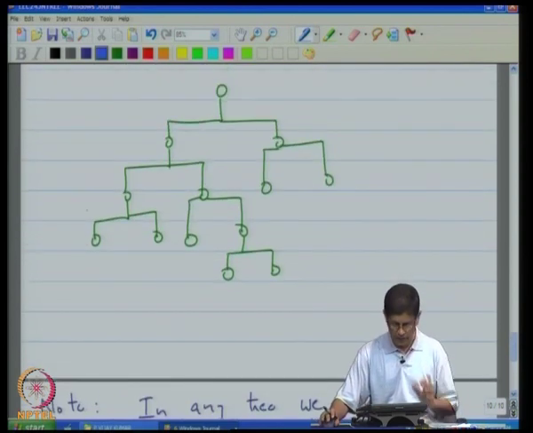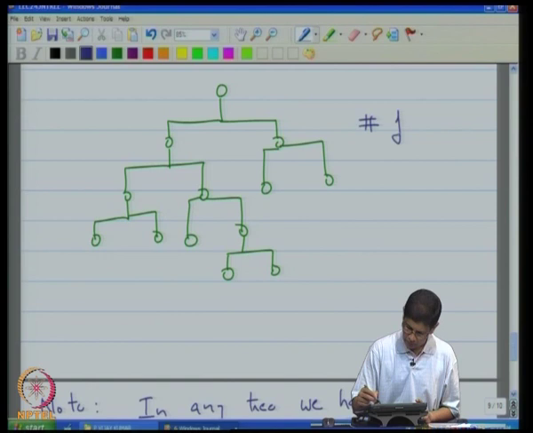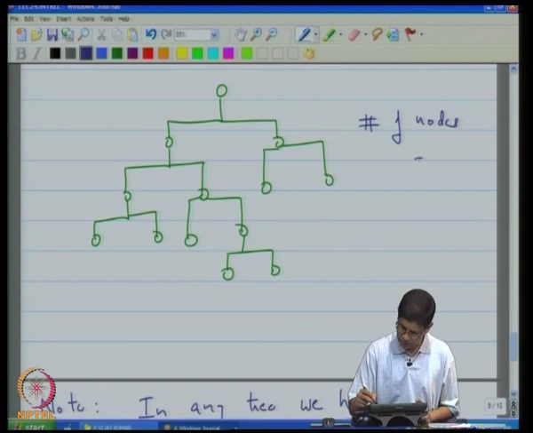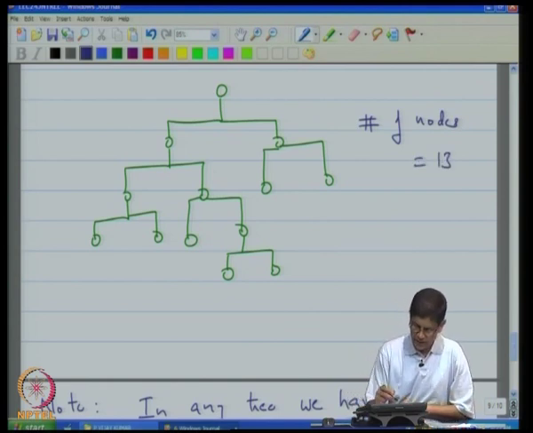For example, in this example you have 13 nodes, and you define an edge as a link between two nodes.